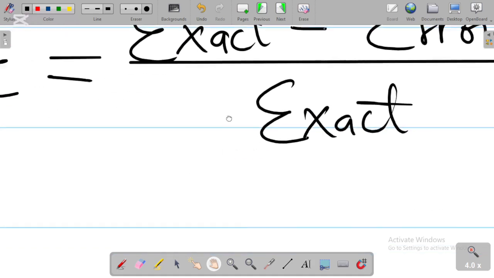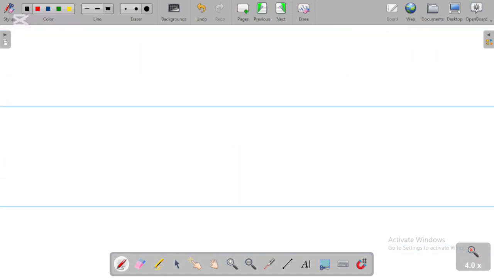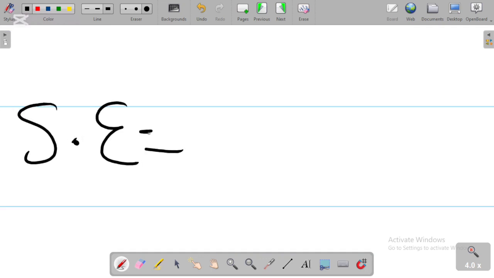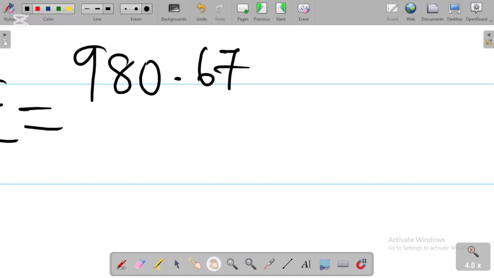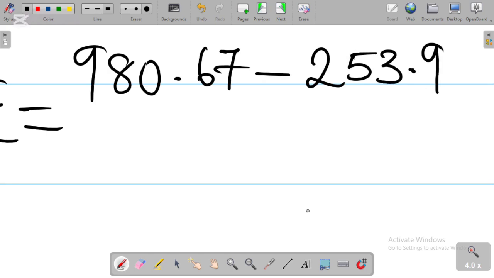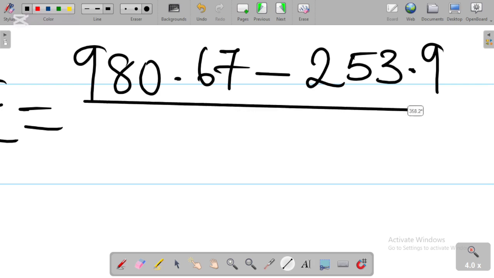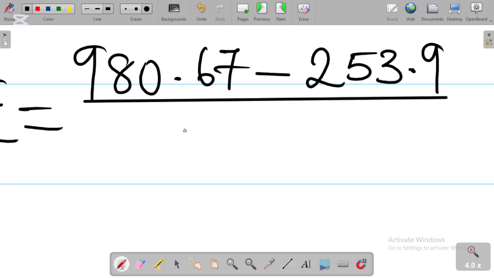Exact. So therefore standard error is equal to what? What's the exact? Exact is 980.67. And then minus the error, which is 253.9. All divided by what? The exact.